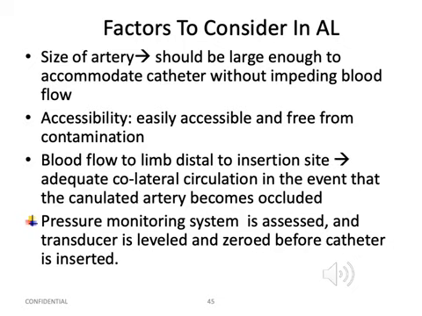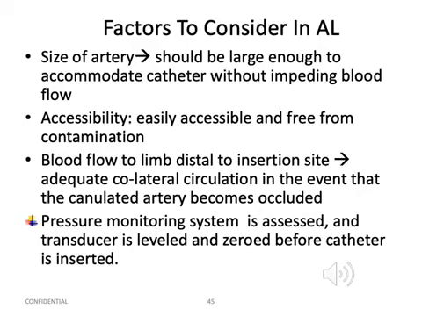Another factor that we should consider is accessibility: it should be easily accessible and free from contamination. Again, the radial has an advantage over the others because it is accessible and there is no contamination since the area is exposed. Whereas with the femoral, the area is always covered, so it may be more contaminated.